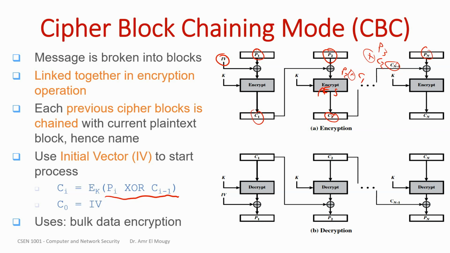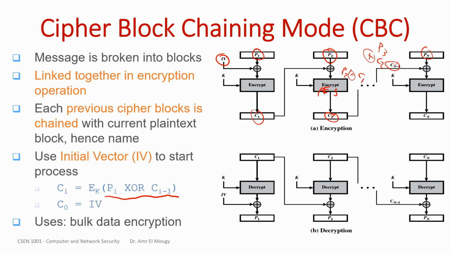Okay? How does this actually fix the problem of the electronic codebook mode? Basically, if P1 and P2 are identical, in the electronic codebook mode, C1 and C2 would also be identical because you are passing both blocks to the same encryption algorithm with the same key. But consider what is happening here in the cipher block chaining mode. If P1 and P2 are identical, you XOR P1 with IV and out comes C1, and you XOR P2 with C1, out comes a different value that is encrypted, and this leads to C2.